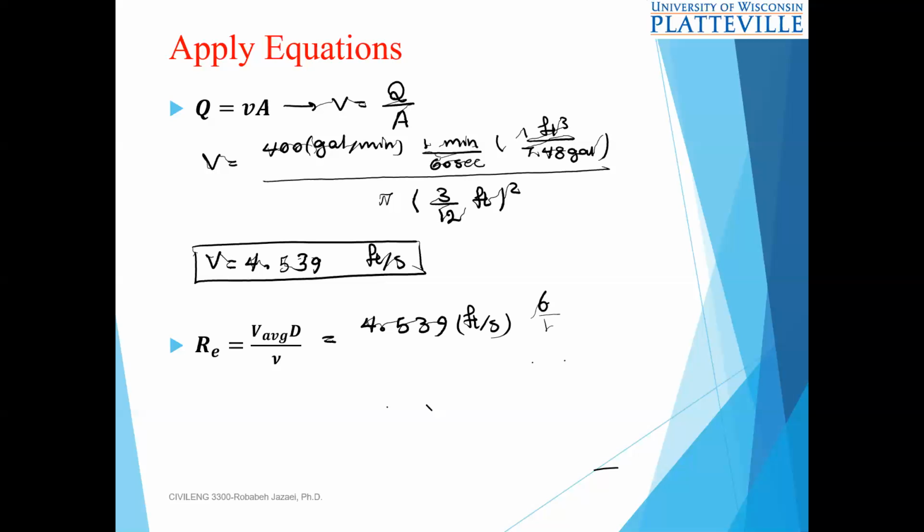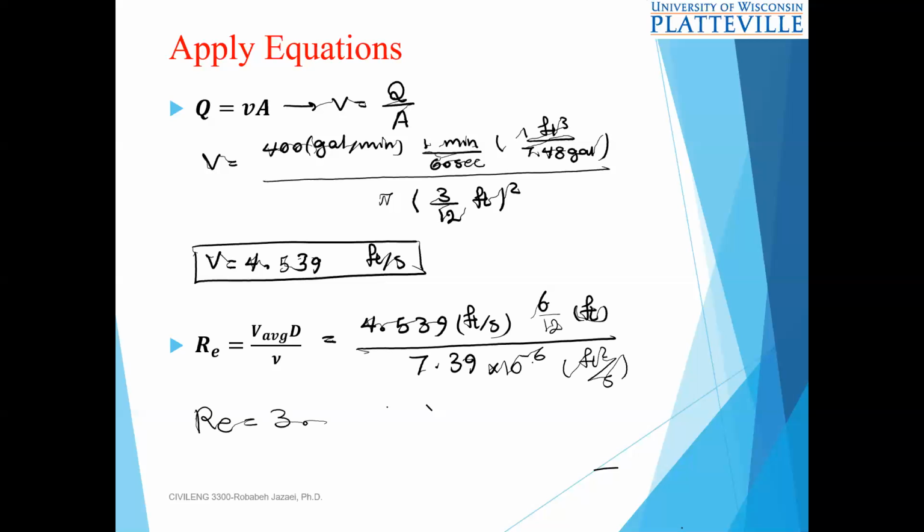It's 6 over 12 feet, divided by kinematic viscosity, which is 7.39 multiplied by 10 to the negative 6 feet squared per second. Let's see what Reynolds number is. Reynolds number is 0.7 multiplied by 10 to the power of 5.